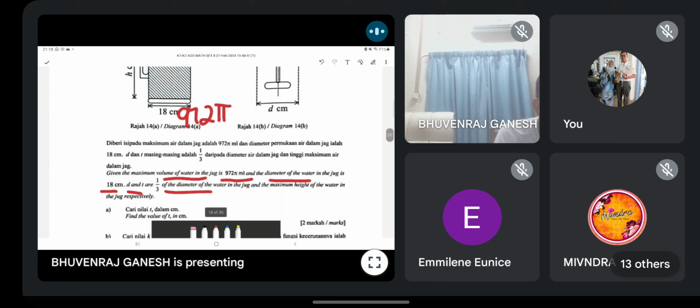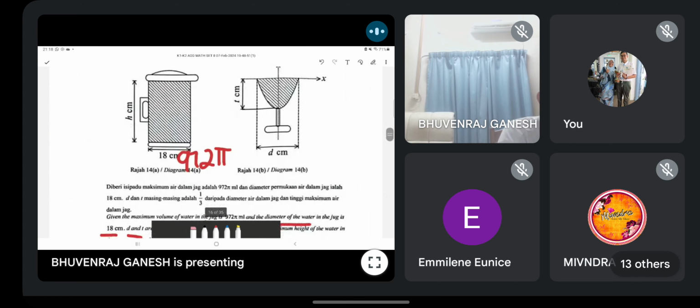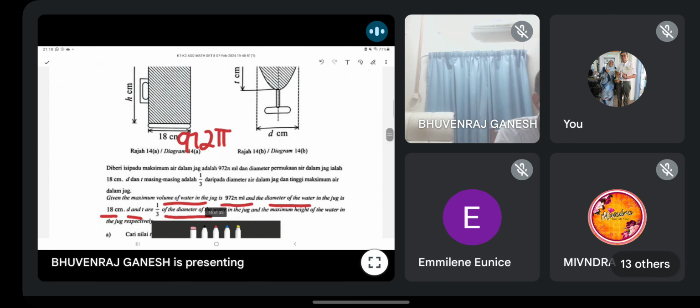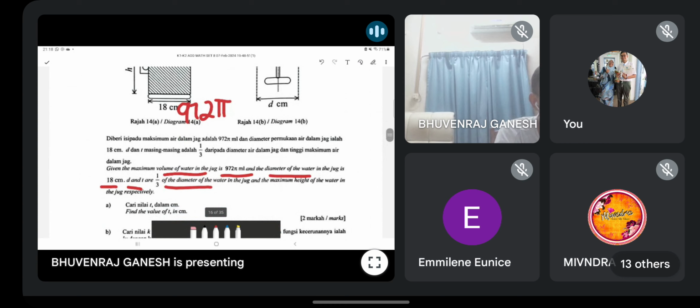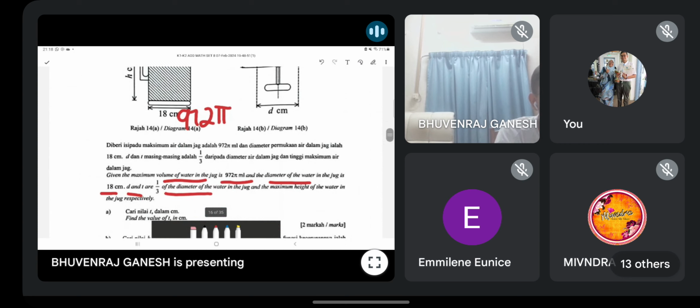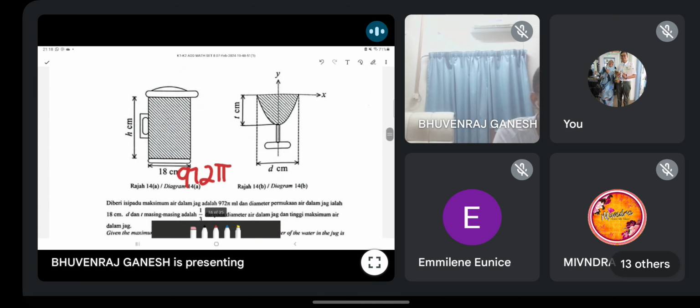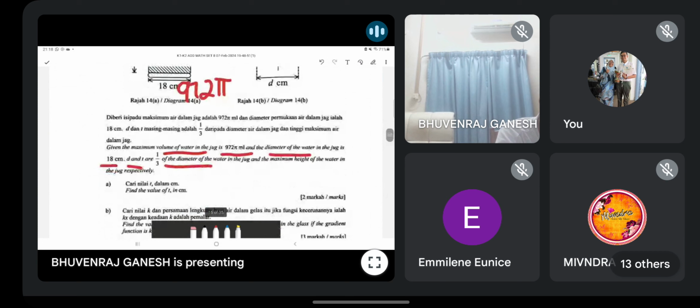Wait, 1/3 of the diameter of the water in the jug and max. Okay, so now I understand. So basically, D equals to 1/3 of the diameter of the water and T equals to 1/3 of the maximum height. Okay, so this is what the question want you to tell lah.